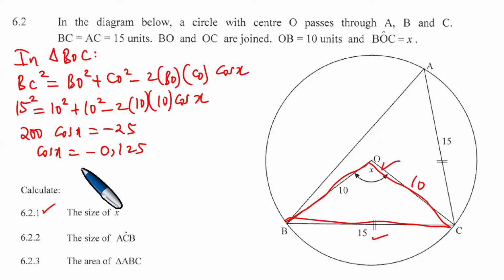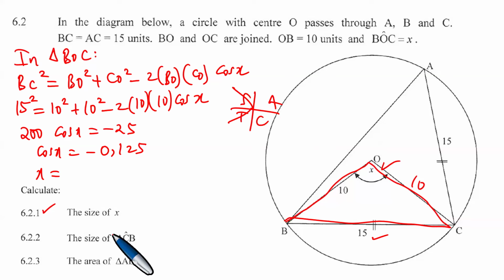Now we're going to use a calculator to get the result. If you do this carefully, using reference angles, because the cosine is negative, we know from the CAST diagram that the cosine is negative in a couple of quadrants, and obviously this angle here is an obtuse angle, that is an angle more than 90 degrees but less than 180 degrees.